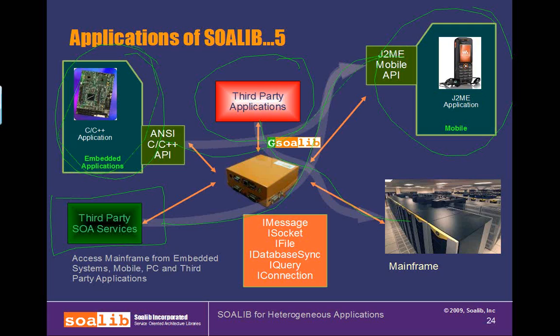This is one example of heterogeneity, in that each is using other services and each one is not interfering with the other. For example, a third-party service is talking to this mobile phone, and also there is another C++ application talking to the mobile phone, and these are separate instances.